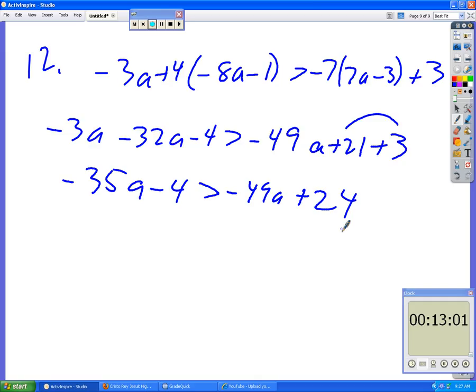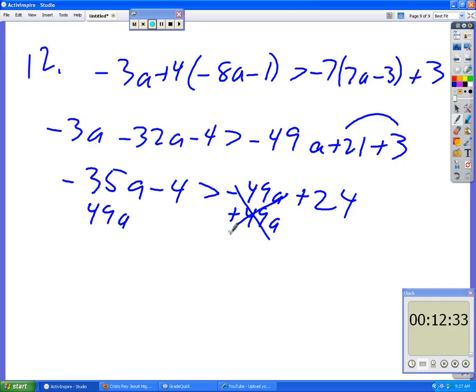Okay? Now what? Letters on the left side, numbers on the right side. So I got a letter over here I don't want. I want it to go over there. So I add 49a to both sides. They cancel. The a's are over here, so what don't I want here? The 4.